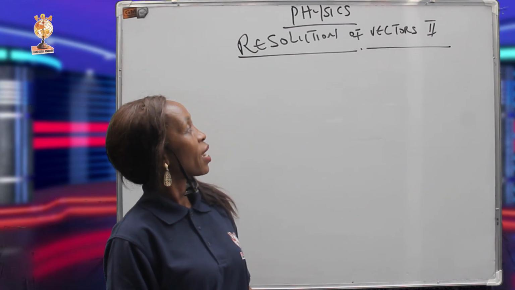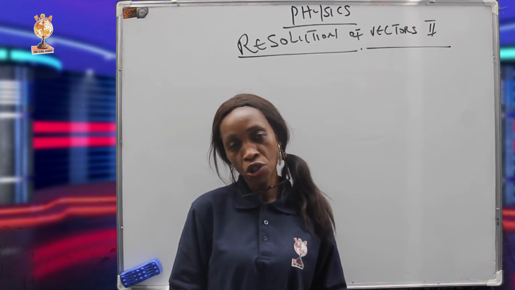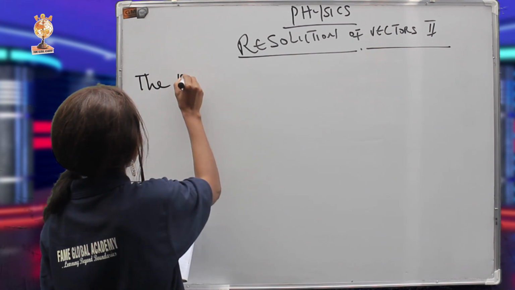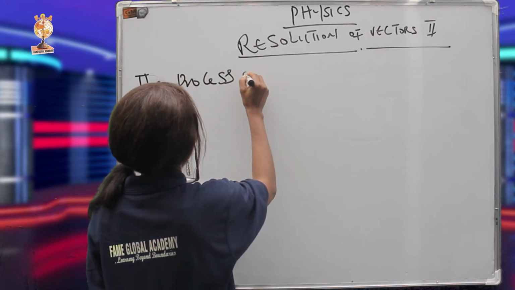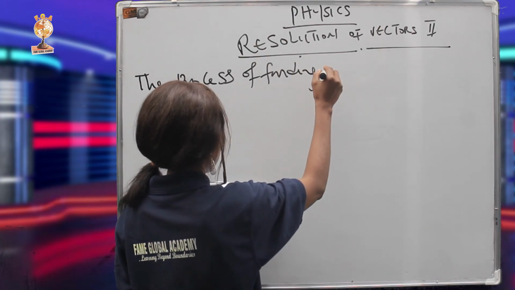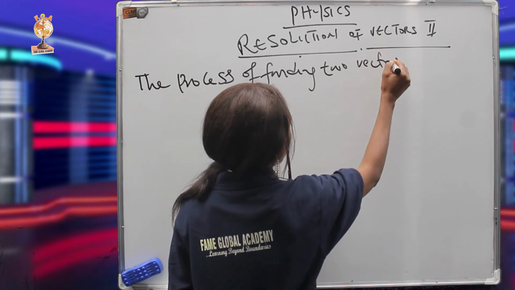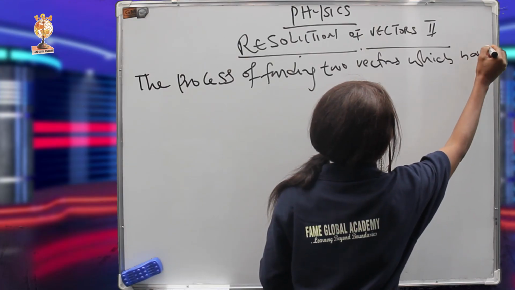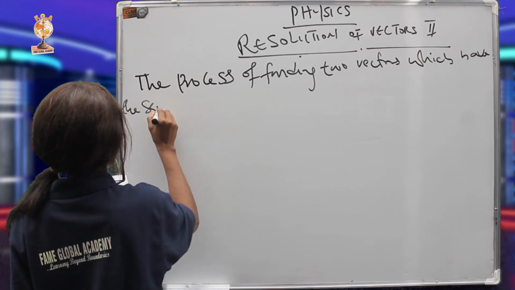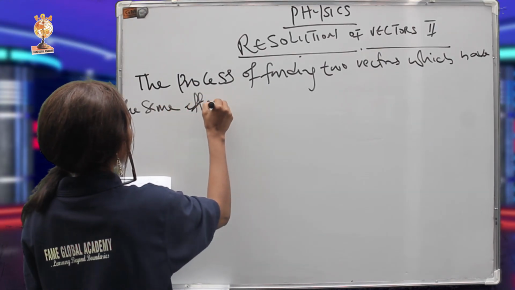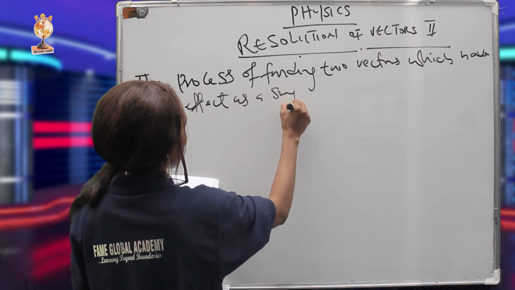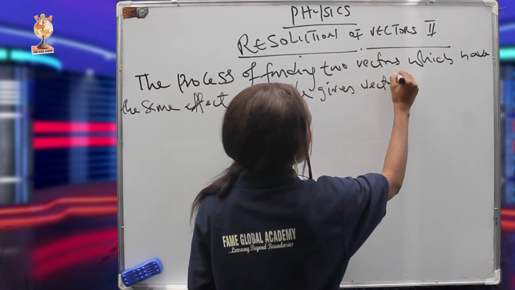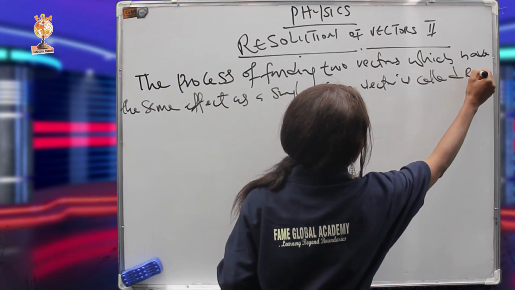Okay, in the last class, we started by talking about what vector resolution is, and we said the process of finding two vectors which have the same effect as a single given vector is called resolution.